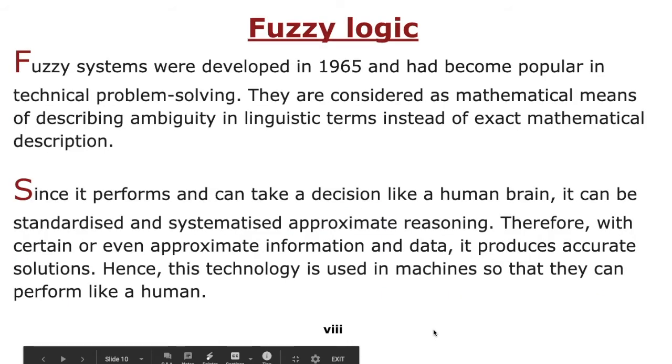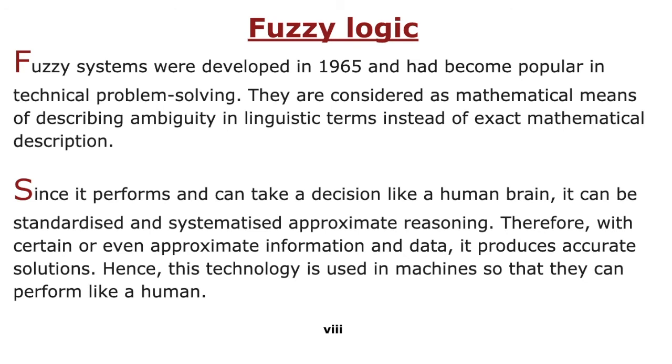Now I will explain fuzzy logic. Fuzzy systems were developed in 1965 and have become popular in technical problem solving. They are considered as mathematical means to describe ambiguity in linguistic terms instead of exact mathematical description. Since it can take a decision like a human brain, it can be standardized as systematic approximate reasoning.